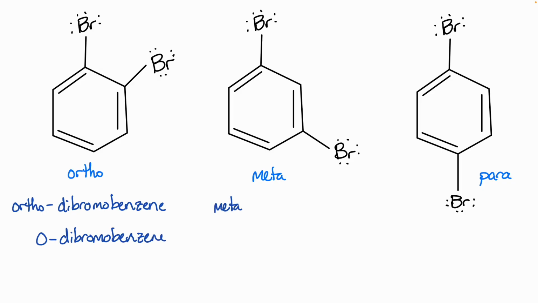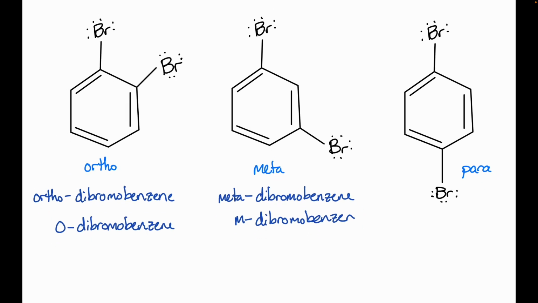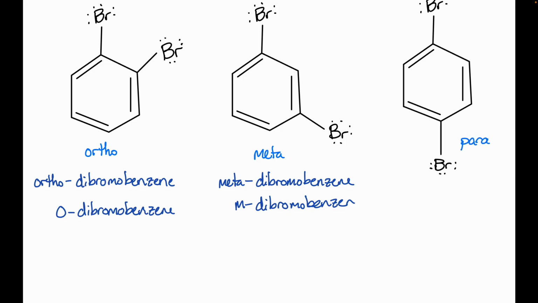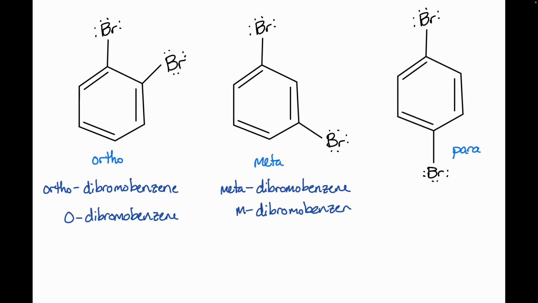This would be the meta dibromo. Or M dibromobenzene. All right, and when those two groups are on opposite sides of the ring, it is the para dibromobenzene. Or P dibromobenzene.